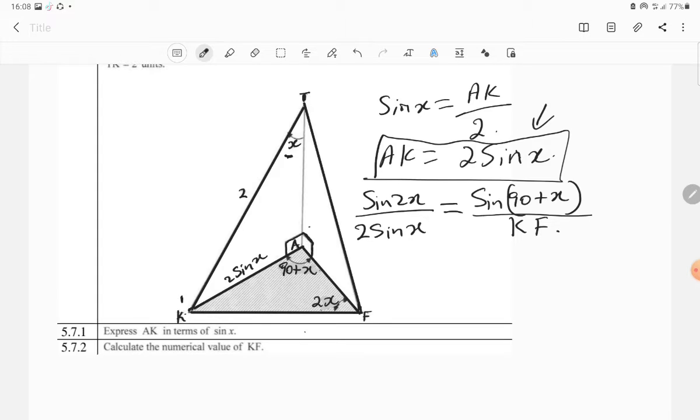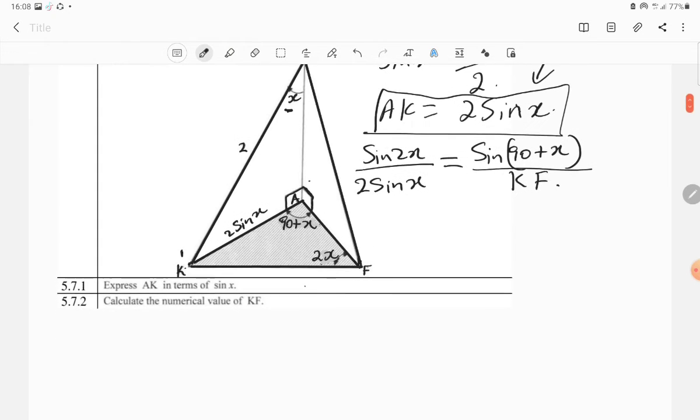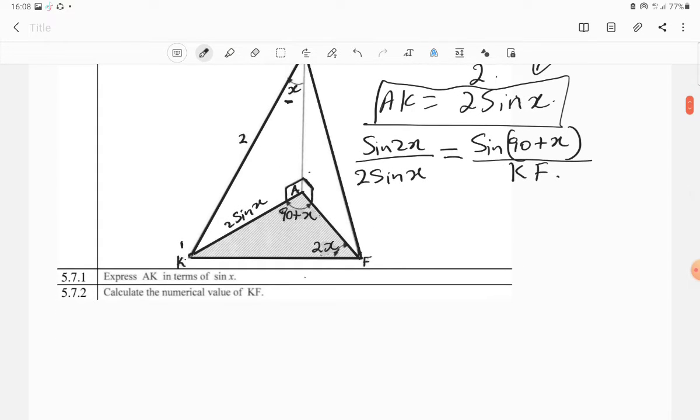So for now we are right there having that one. On that note, we can expand this one because this is a double angle of sine. So sine 2x can be given by 2 sine x cos x, over 2 sine x over there.